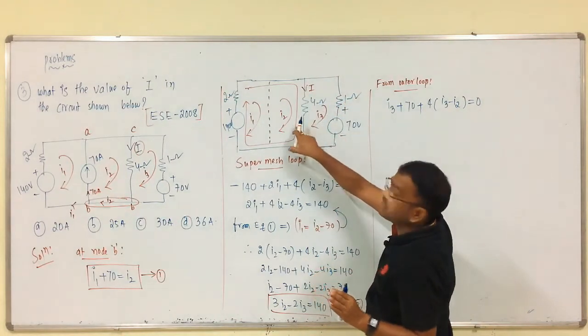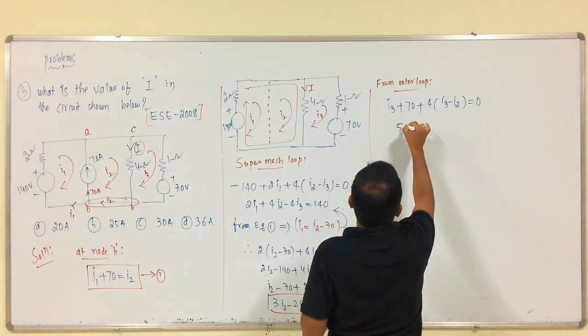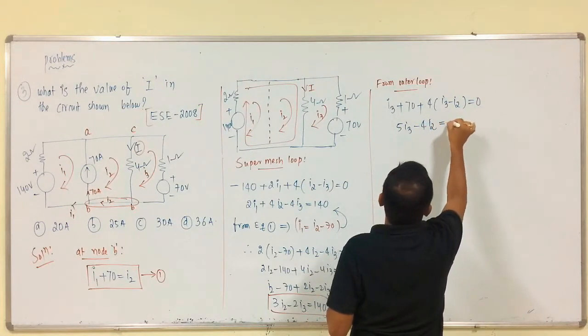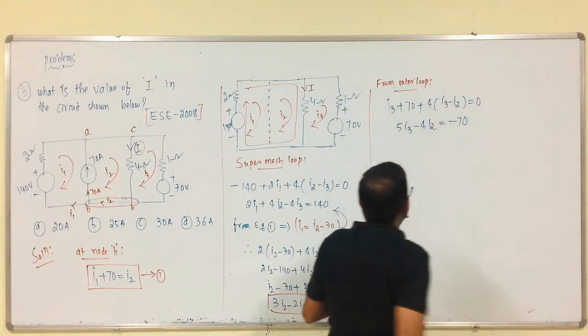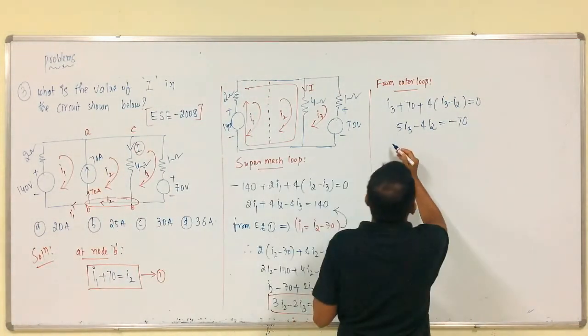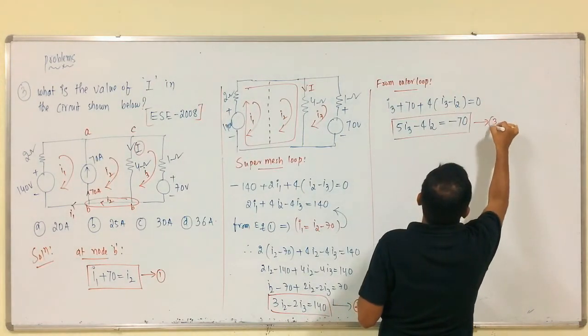Therefore, 5 I3 minus 4 I2 is equal to minus 70. This is equation 3.